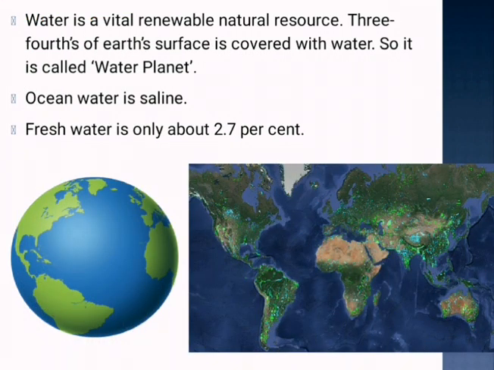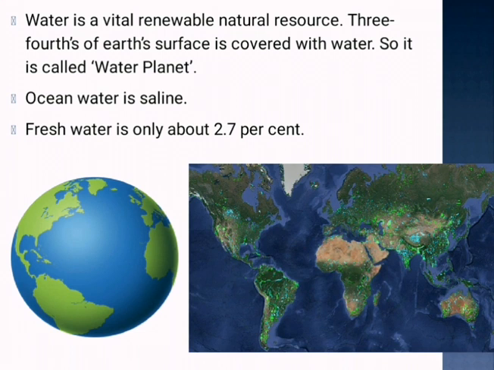Water is a vital renewable natural resource. 3/4 of the Earth's surface is covered with water, so it is called water planet. Ocean water is saline. The freshwater is only about 2.7%, that we already discussed. Here on one side we can find the globe and on the other side the world map.